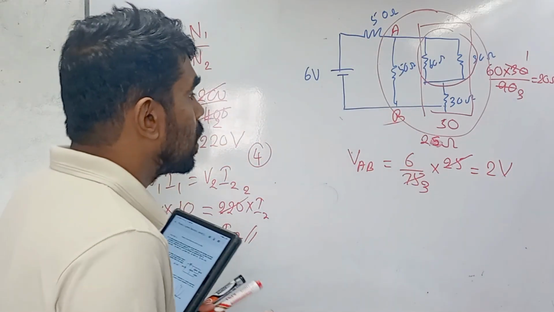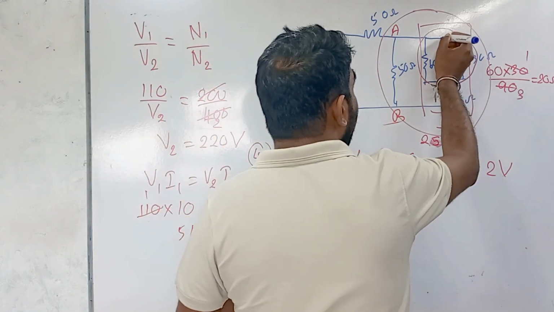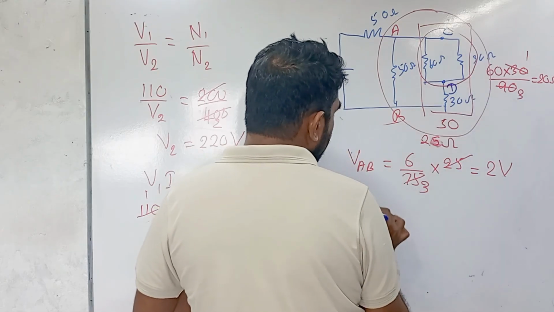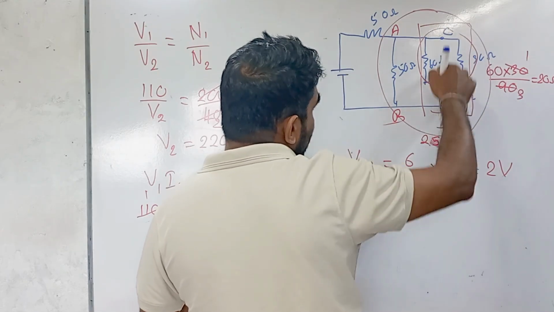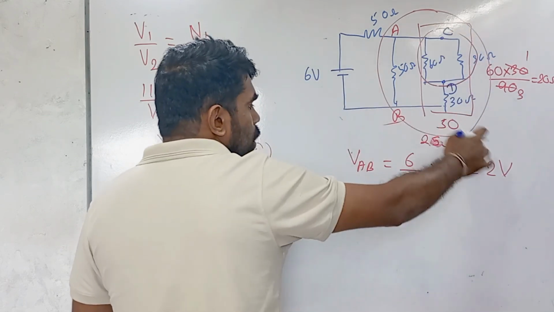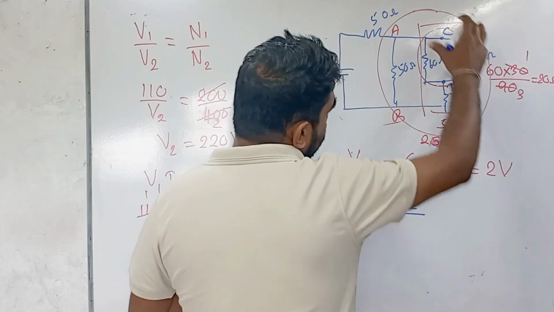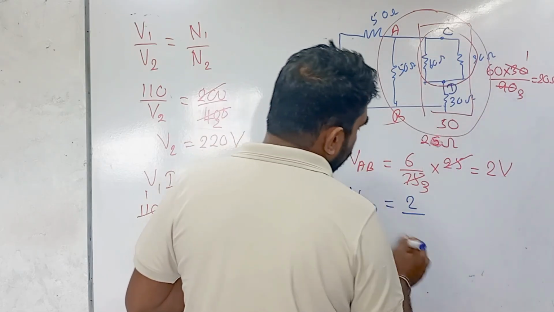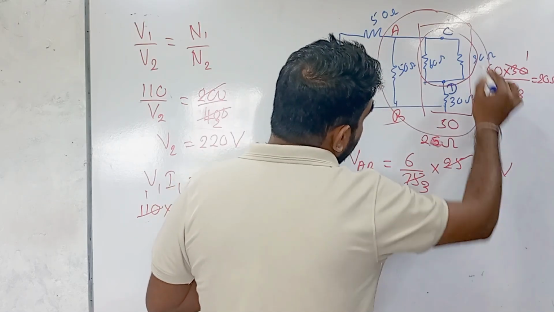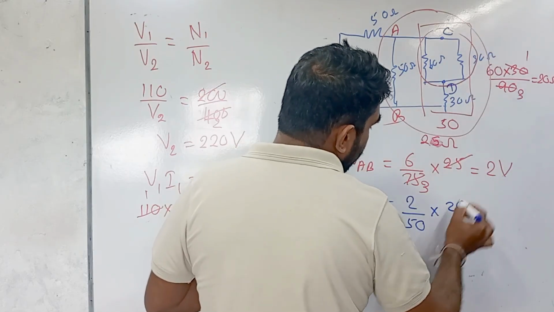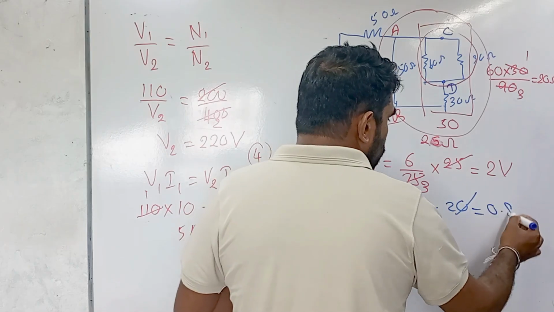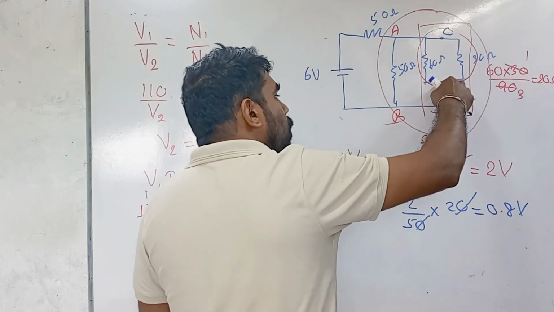Then I will use the potential divider method again to find the voltage between C and D. Total voltage given to these 2 points is 2 volts. 2 divided by the sum of resistors, 20 plus 30, 50, multiplied by the corresponding resistance 20. Then we obtain 4 over 5, it means 8 over 10, 0.8 volt.